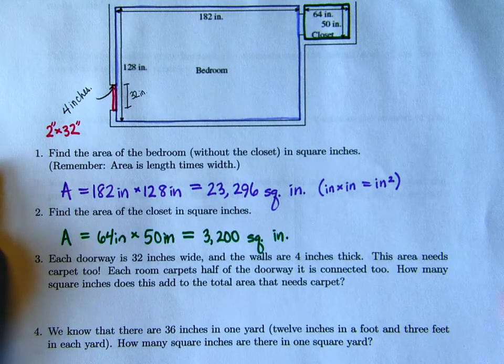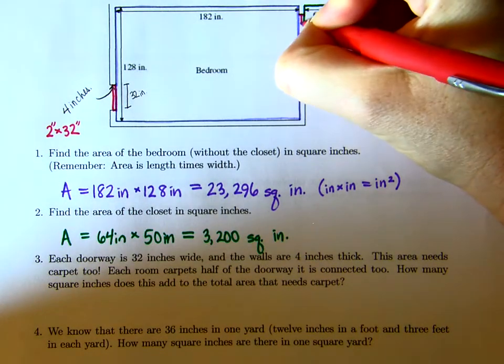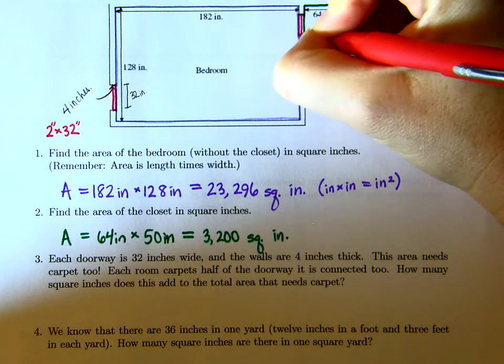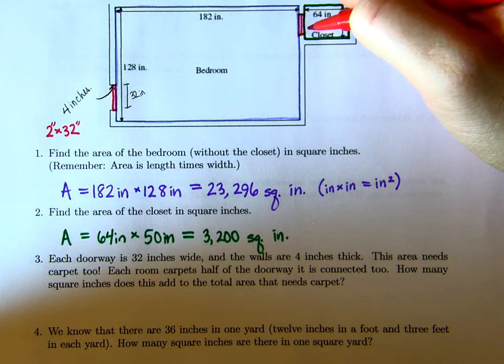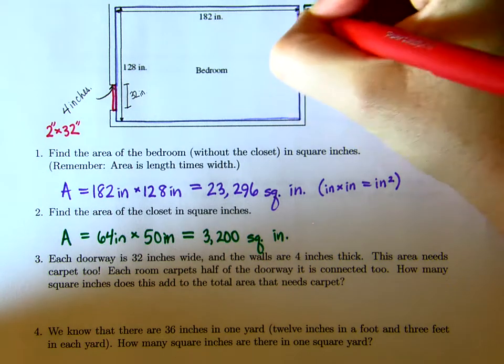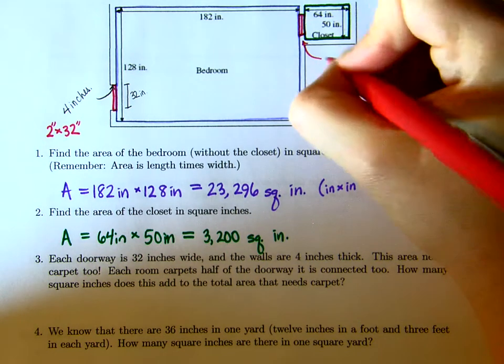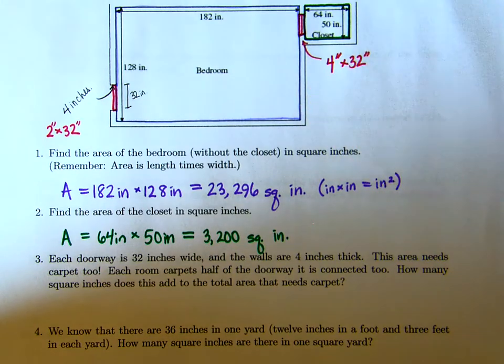And then here we would do it from both sides, so this one would actually be 4 inches by 32 inches.